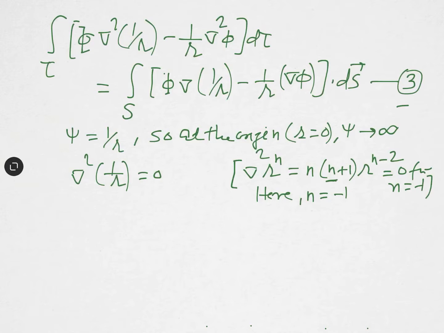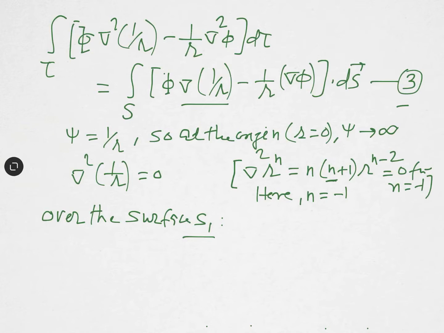And now I have assumed a surface S1, which is actually a spherical surface, and on this surface we will evaluate the term gradient of 1 over r dot dS. Remember, we are talking about the surface S1.